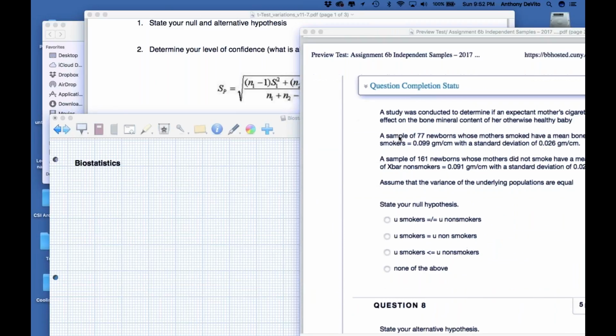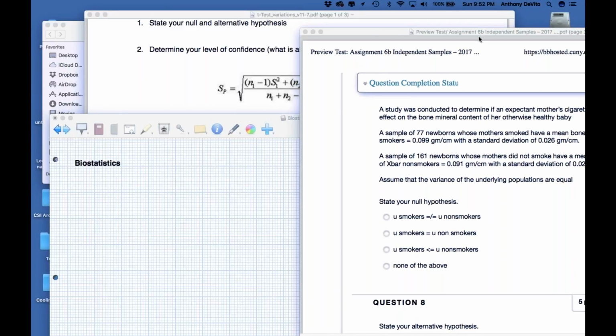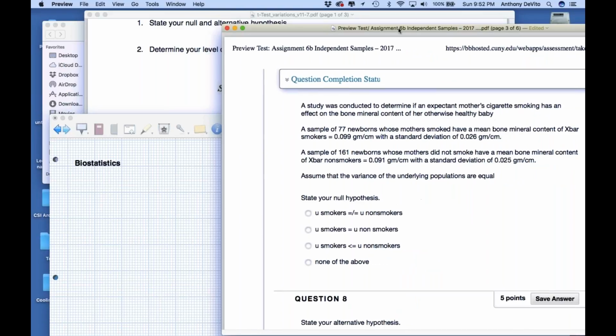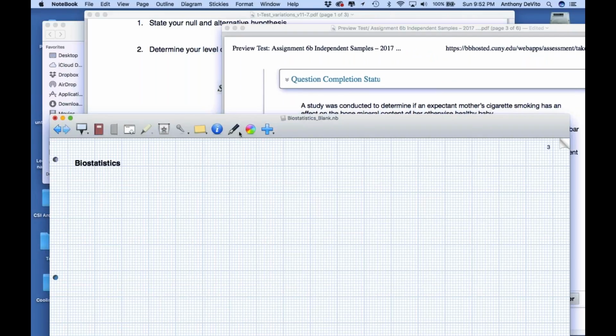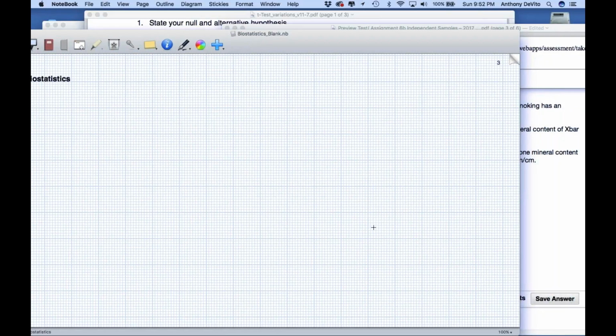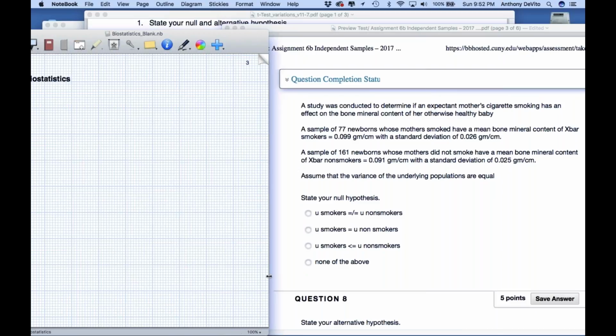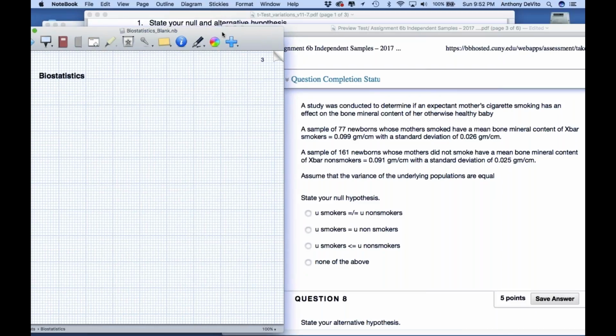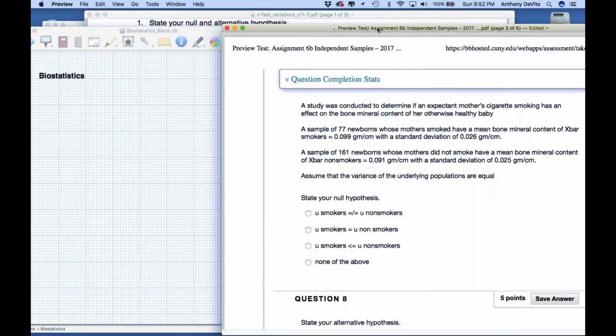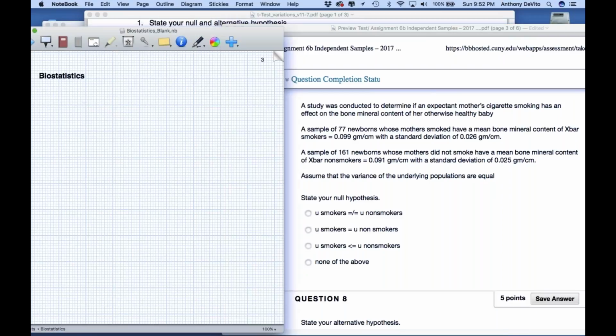Let me pull back to what the problem was so I can see what all these numbers were. Okay, good, I think I got it now. It's going to be difficult for me to do this at the same time. I think if I squeeze this stuff together, I can squeeze everything in here.